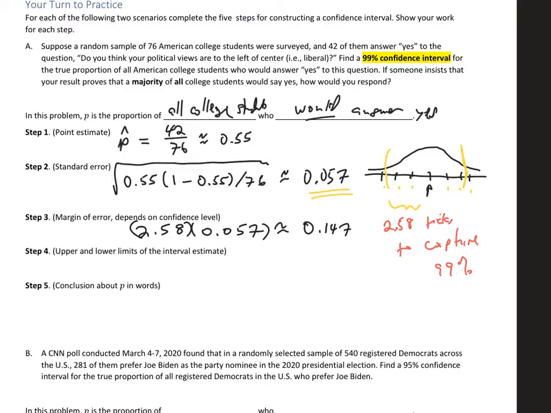So the upper and lower limits of the interval are going to be to take our point estimate, 0.55, and subtract the margin of error. That'll be our lower estimate. And then our upper estimate will be 0.55 plus the margin of error.